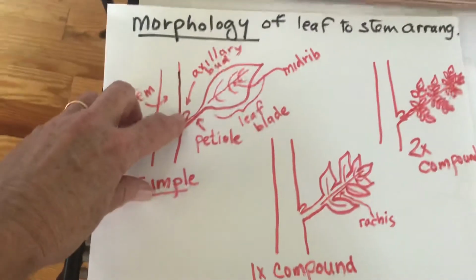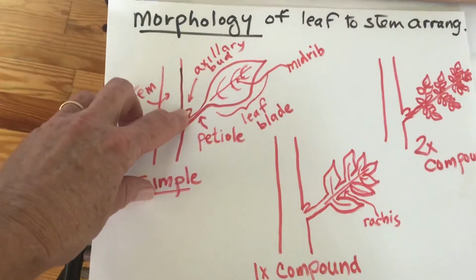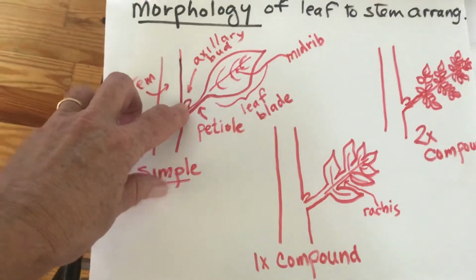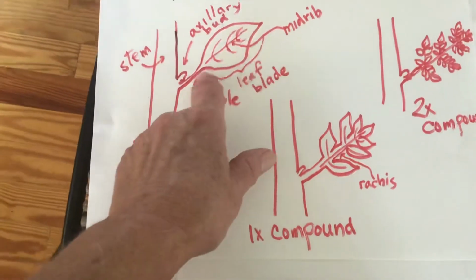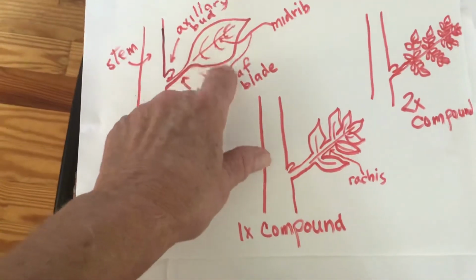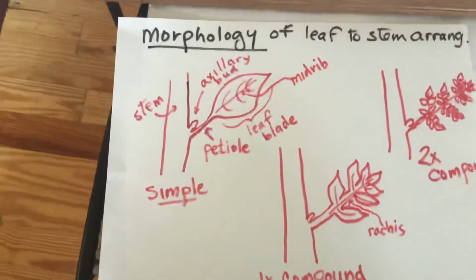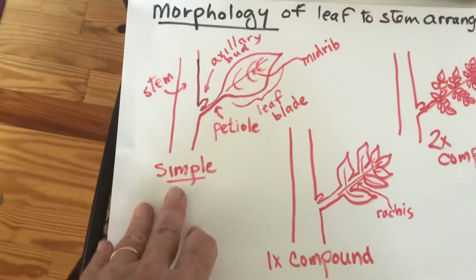It will have an axillary or lateral bud that is in the base of that leaf, and then you'll have the leaf blade itself, which will include a midrib of vascular tissue going down, and usually that branches off in various patterns. So that's a simple leaf.